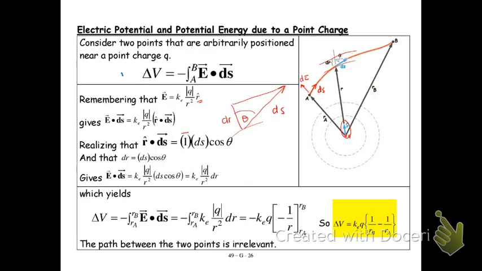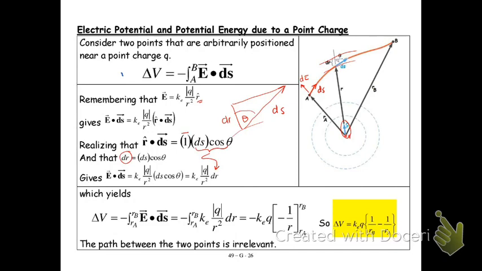So E dot ds equals k_e q over r squared, and rather than ds cosine theta, I have dr. So my change in voltage is equal to minus the integral of E dot ds, which equals minus the integral of k_e q over r squared dr. I know how to do that.